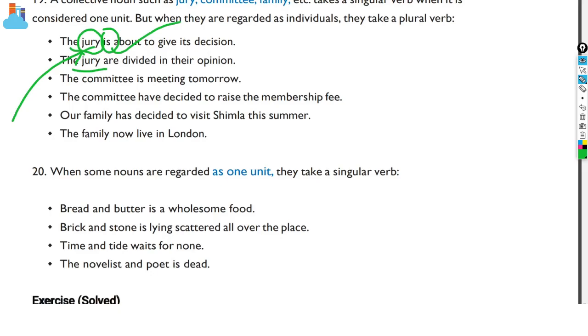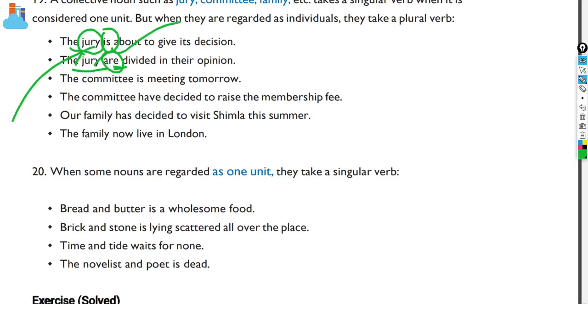Means we are talking about the individual members A, B, C, D. A, B, C, D are the members of the jury, and all of them are different in their opinion. Therefore, as they are different, we are using are, means we are using the plural. We are considering them as being plural.